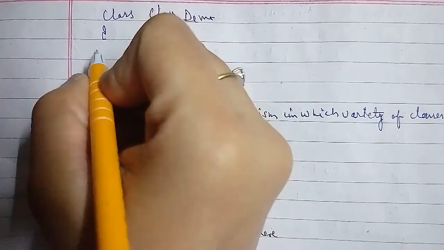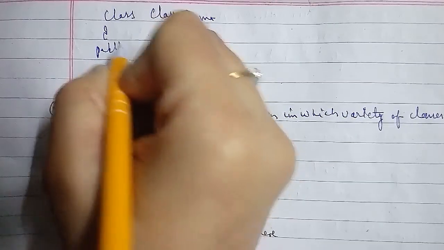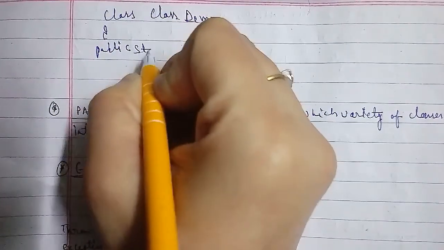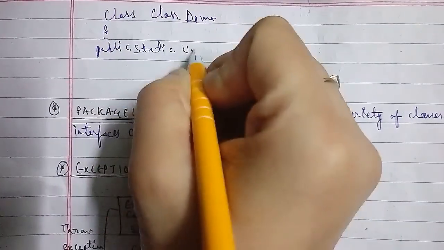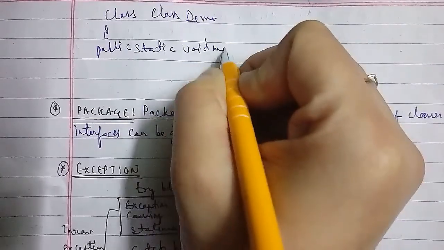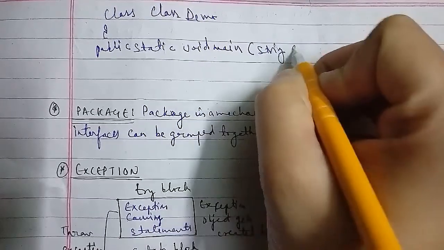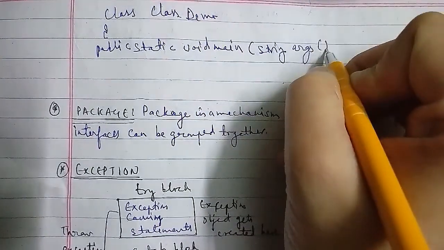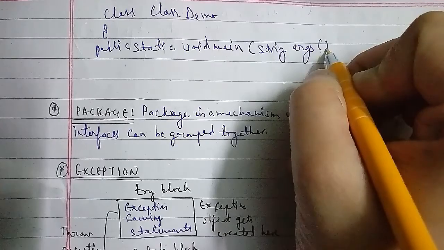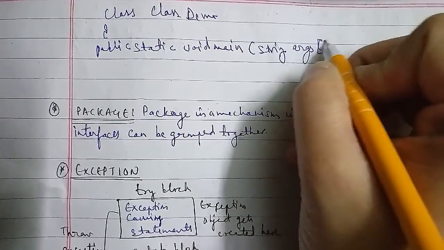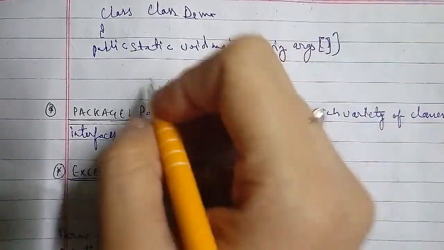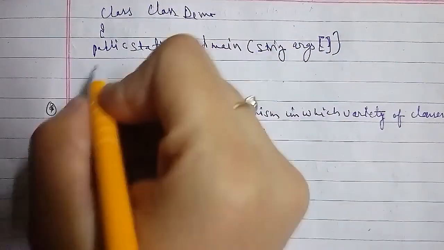Then after that we have a start bracket here, then we have Rectangle obj equals new Rectangle closing bracket. Now with the object, obj.height, we will assign the value 10. This is setting the attribute value.